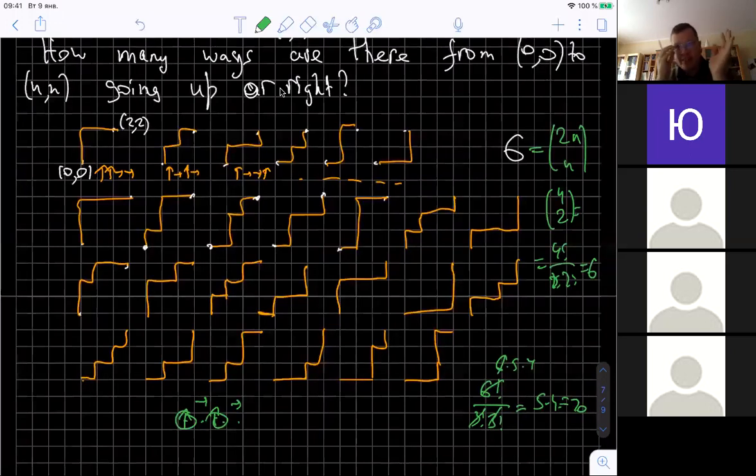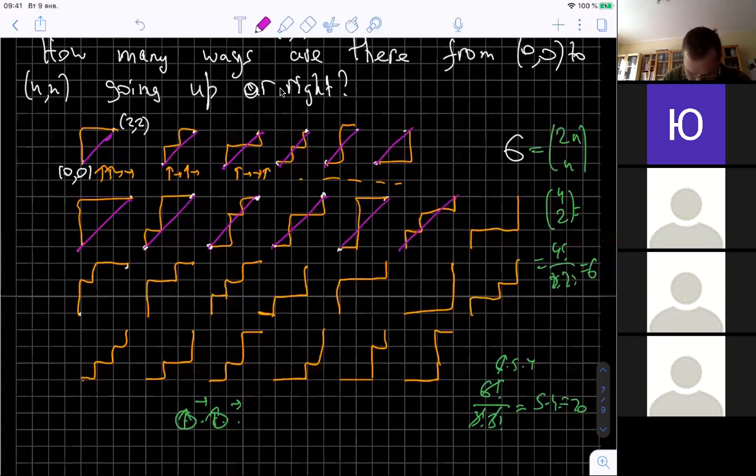So if we consider all possible steps, it will be 2n over n. But if I want to take only the Catalan numbers, I consider all the steps that go fully over the diagonal. So I write the diagonal here and take only the ways that go over the diagonal.